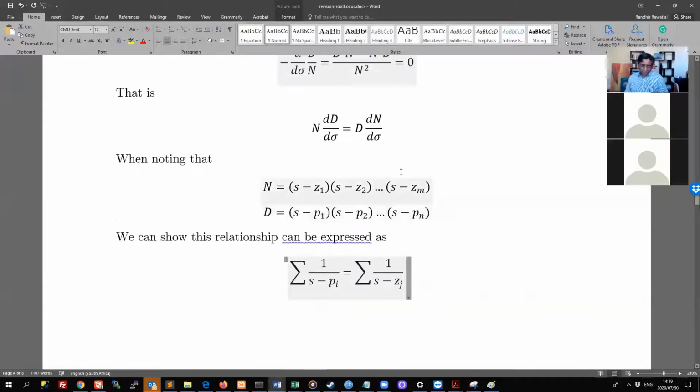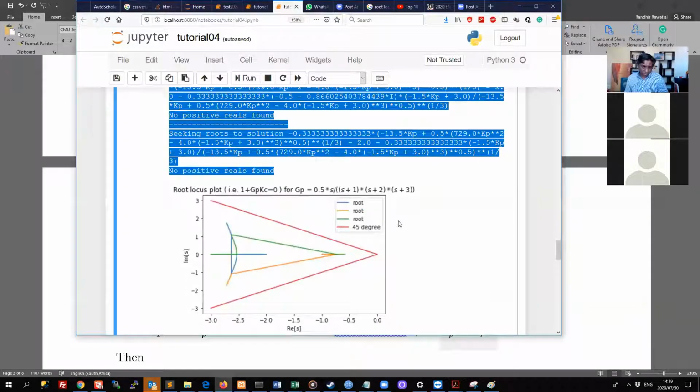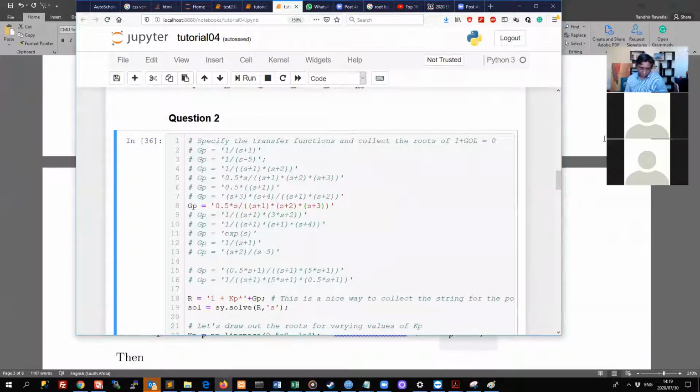Okay, so the best thing to do with understanding root locus plots is to do lots of examples, and you have a number of functions here. So you've got this tutorial 4 notebook. So you can try all these transfer functions and first try without using the code, right?